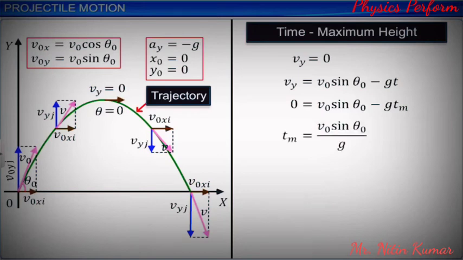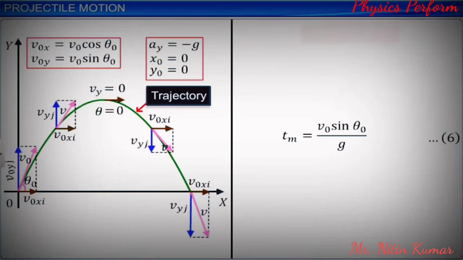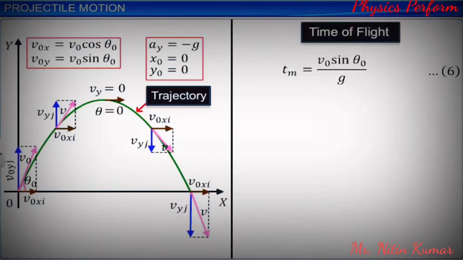Now, let's find the time of flight of the projectile. Time of flight is the total time during which the projectile is in motion. When the flight ends, y is equal to 0. If Tf represents the time of flight, then Tf is equal to time of maximum height plus time of descent.